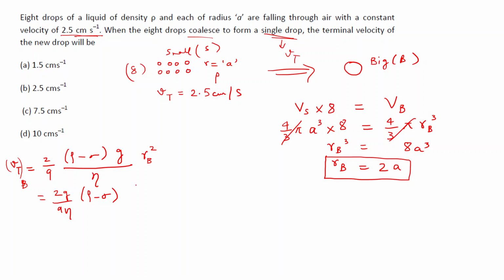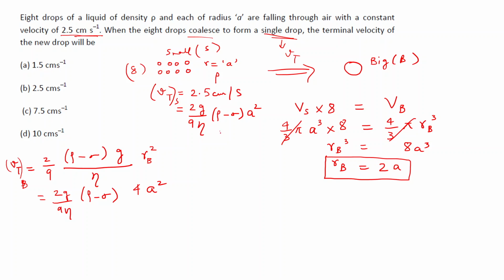So squaring this, it will be 4a square. And for this small drop, the terminal velocity will be 2g over 9 eta times (rho minus sigma) and a square, because its radius is a, right?